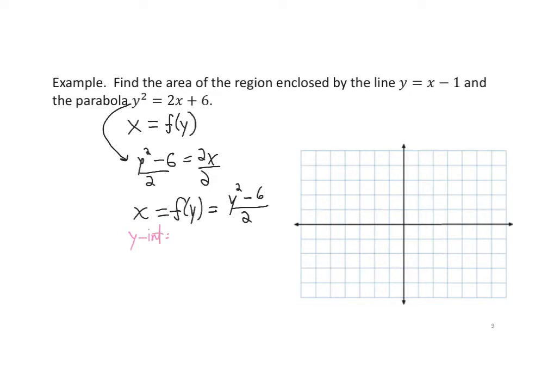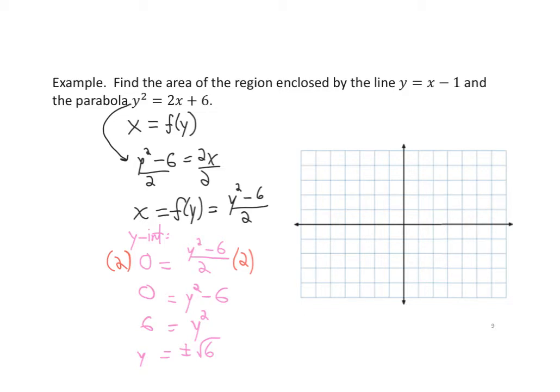The y-intercept is when x equals 0, and we need to figure out what y will equal. So I will just solve this equation, and I will get that y is equal to plus or minus square root of 6. So when x equals 0, y equals plus or minus square root of 6.